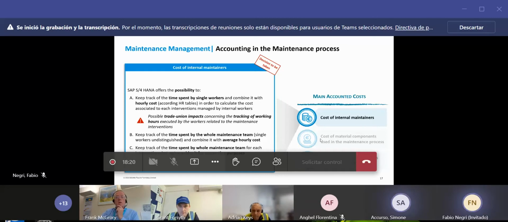Sorry, a comment about this part. We could start with solution C, so without the accounting part, and in a following step implement a different scenario in order to define the best approach to trace the internal cost.